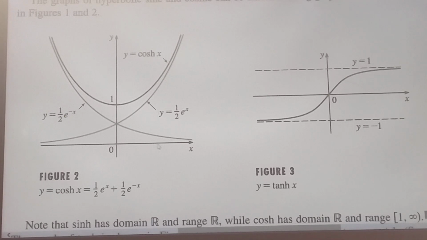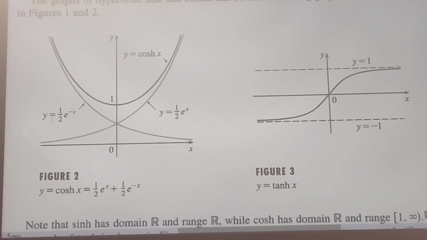So basically it means that y equals cosh x, which is half e to the power x plus half e to the power negative x. This is the definition of cosh x. You must know it because it is hyperbolic, it involves addition of graphs.